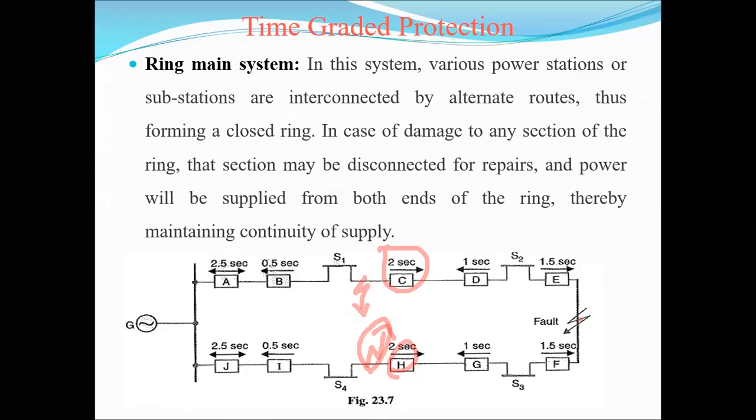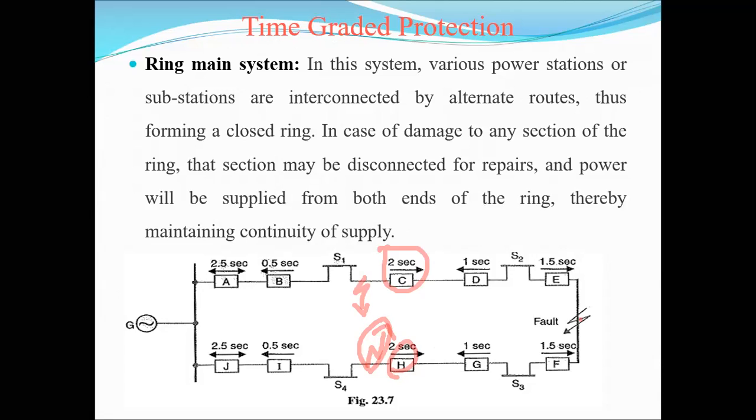Normally, by using the radial system, we do not give 100% continuity of the supply. Why? Because in that type of feeder line we are using only one feeder.